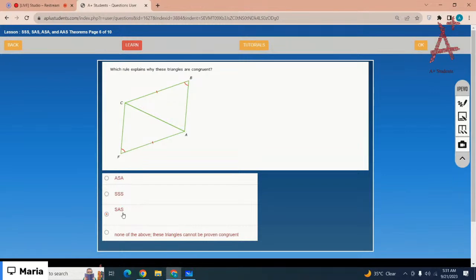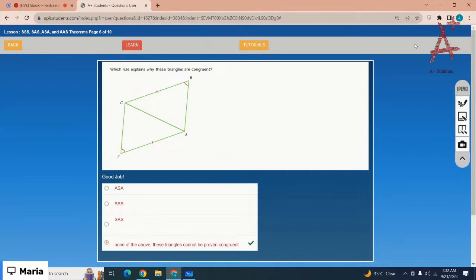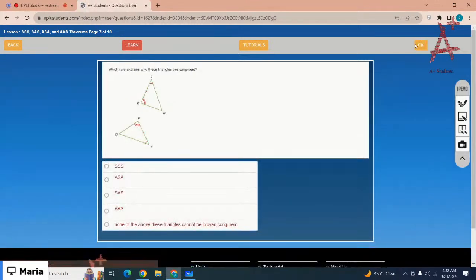But I think no. The angle is not between the two congruent sides, right? I think it is none of the above. Yes, it is none of the above, right?